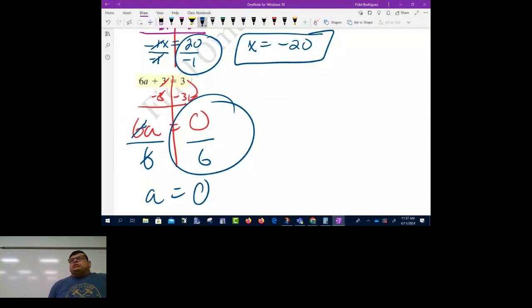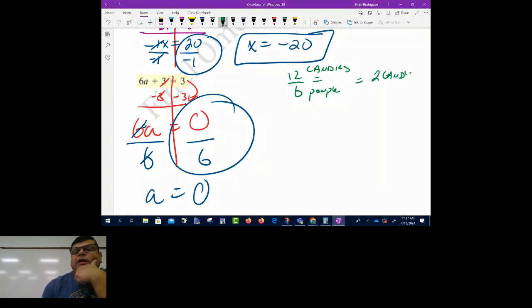So again, y'all, one thing, guys, before we go on, just to make sure that everybody's okay, right? So look, if I had 12 and I divided it by 6, let's think about what that means. If I had 12 candies, and there were 6 of us here, then that means that everybody would get 2 candies, one person, right?